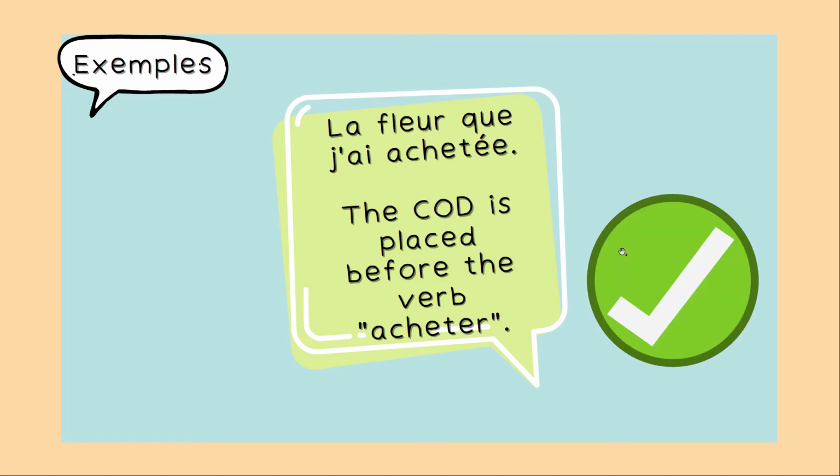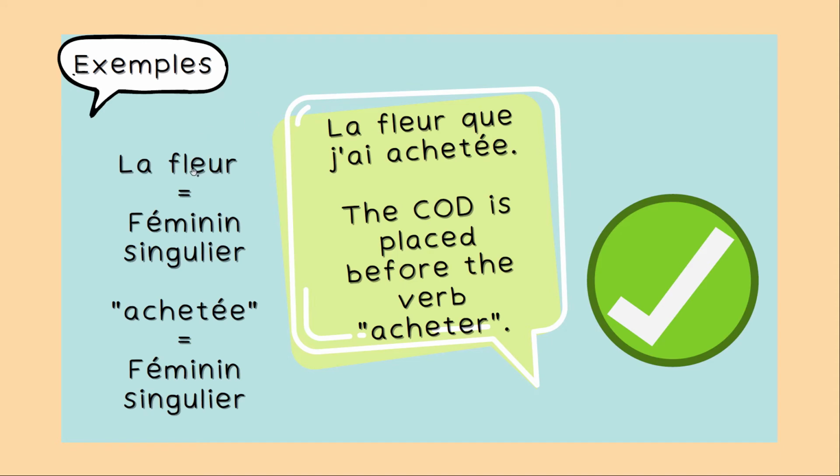So in this case, we will agree the past participle with the direct object of this sentence. La fleur is feminine singular, so acheter, the past participle, becomes feminine singular as well.